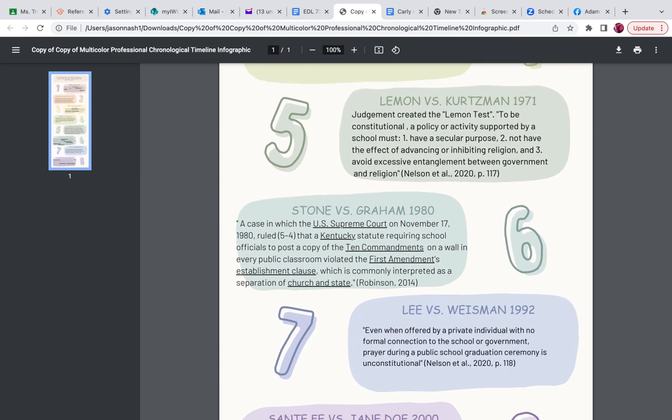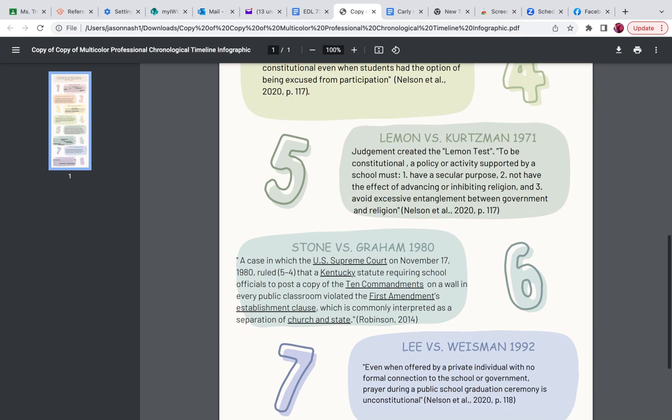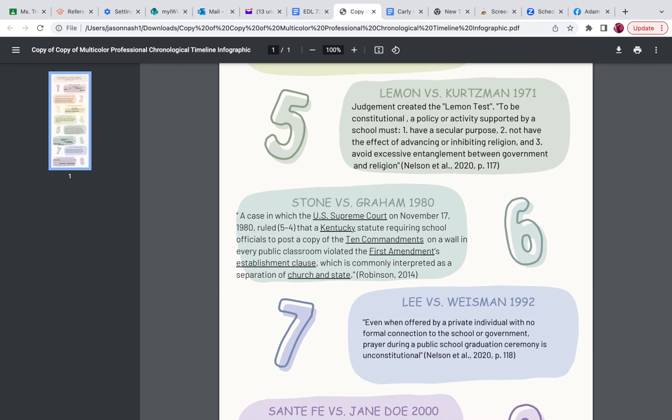Lemon versus Kurtzman in 1971. So we'll move up 9 more years. And again, this is another, just like the Everson case that I had brought up, fascinating. I spent a good deal of time reading about this because from Lemon versus Kurtzman, you come up with the Lemon test. The judgment created the Lemon test, in quotes.